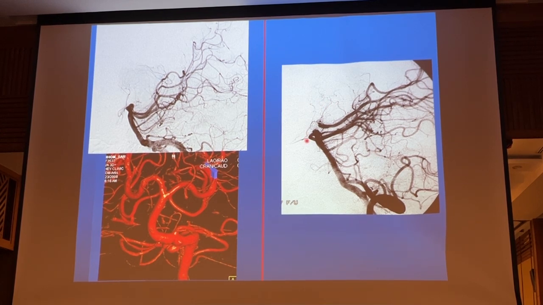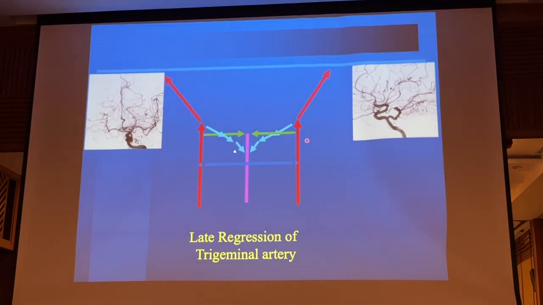Okay, and Carl told you about the fusion of the posterior cerebral artery to basilar artery. One thing I would like to add is trigeminal regression period. Time of regression of trigeminal artery plays an important role in fusion, whether it's a caudal fusion or a cranial fusion.